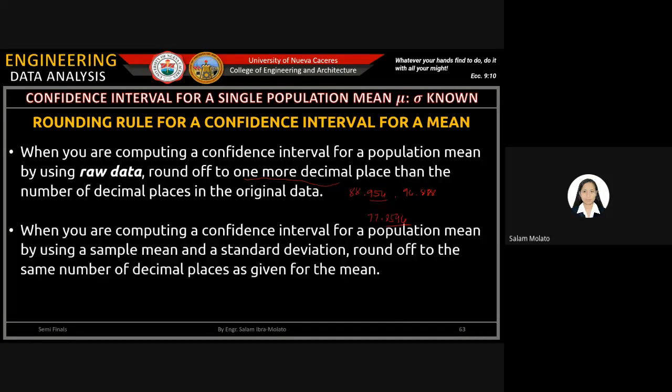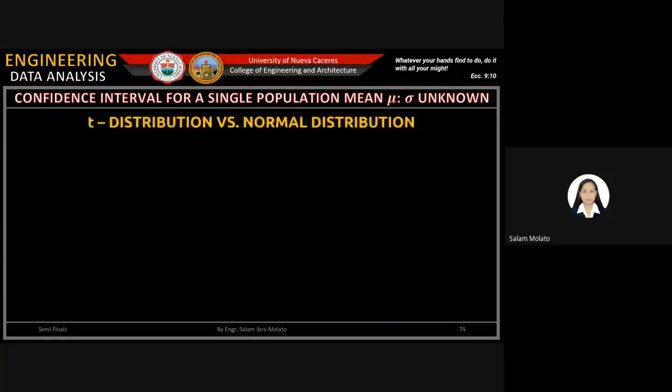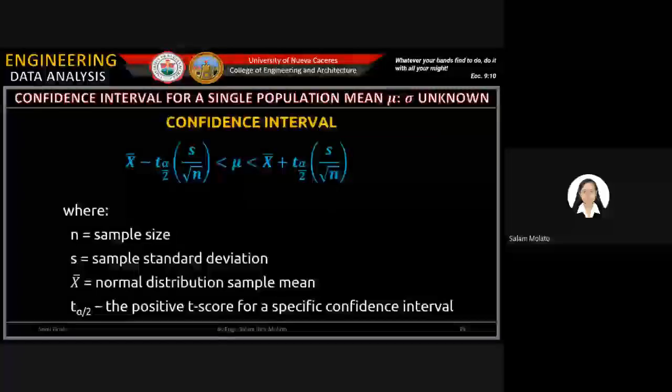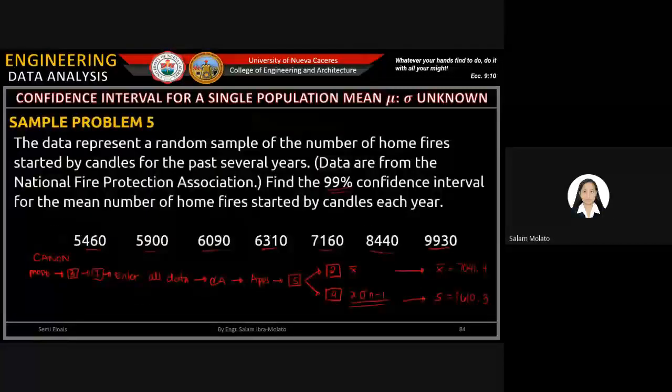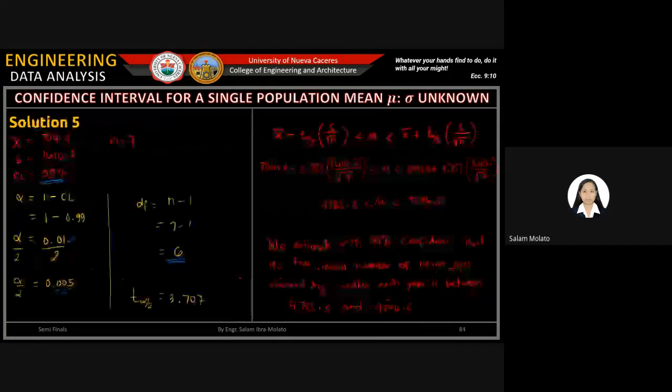Kapag hindi naman, yung population mean naman, ang given by using a sample mean and standard deviation, round up to the same number of decimal place. Okay, so therefore, the same number of decimal place yung gagamitin natin because hindi naman raw data yung gamit. So dito, 1 decimal tayo dito.